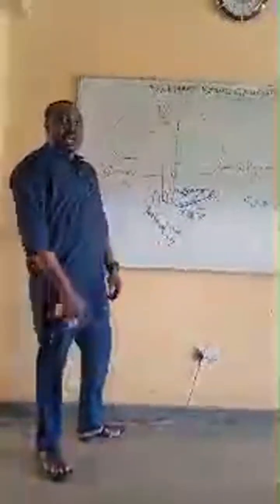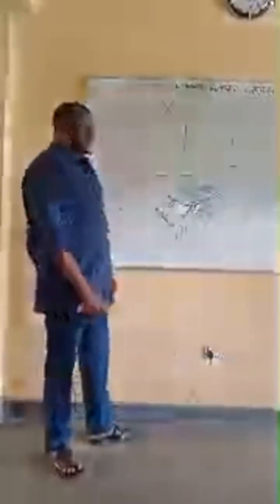One is the internal part. Are you there? You will see where the external part will come in. It will come in the indirect pathway. Are you understanding? Are you following? Alright.